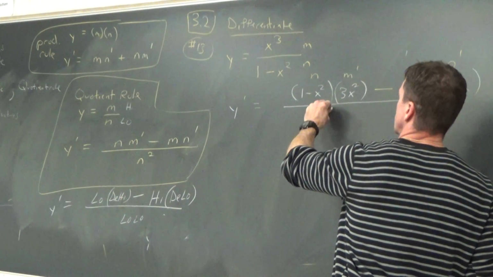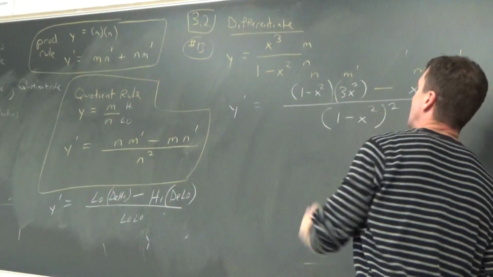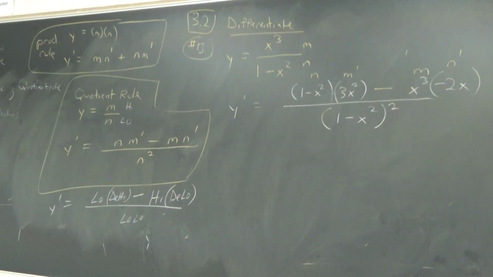I'll say this four times in a row. You ready? Never expand the low. That's once. Never expand the low. What do I mean by expand? FOIL. Never FOIL out the low. Last time, never ever expand the low. Students will do it, multiplying it all out.